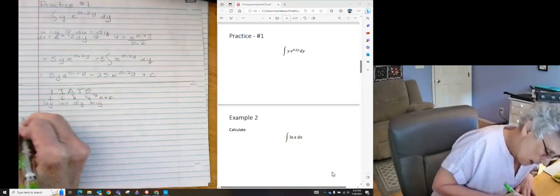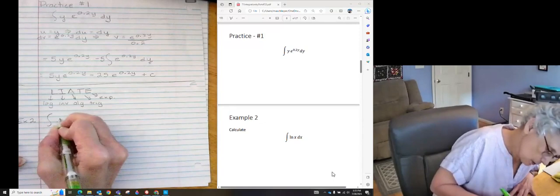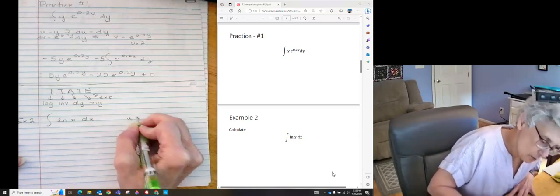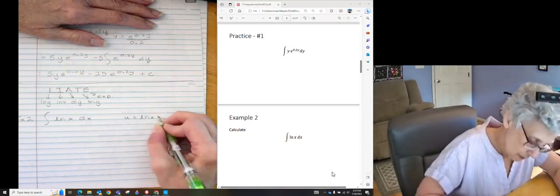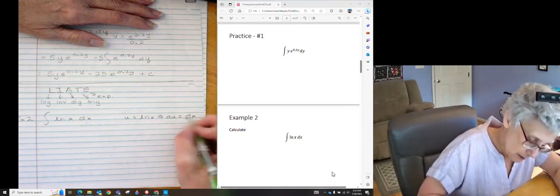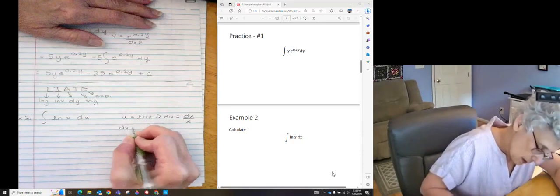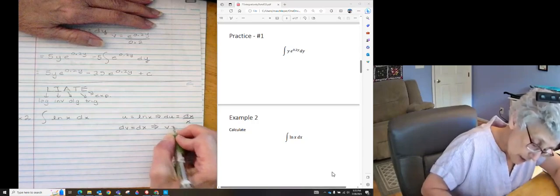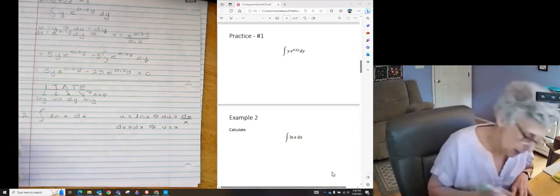So let's look at example 2. We want the integral of natural log of x dx. u has got to be equal to the natural log of x, which means du is equal to dx over x, which means dv has to be equal to dx, which means v is equal to x, because we have to take the antiderivative, go backwards.